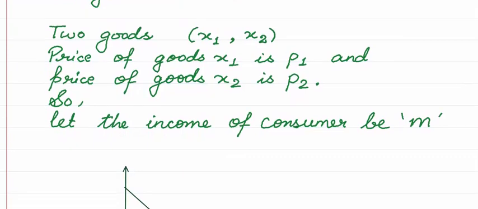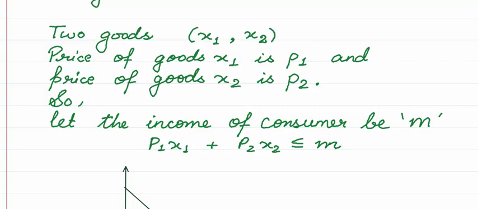We can represent the budget line of the consumer with the help of the equation P1 x1 plus P2 x2 is less than or equal to the income of the consumer M. Here P1 x1 represents the money invested on consumption of goods x1, and P2 x2 represents the money invested on consumption of the goods x2, whereas M is the total income of the consumer.